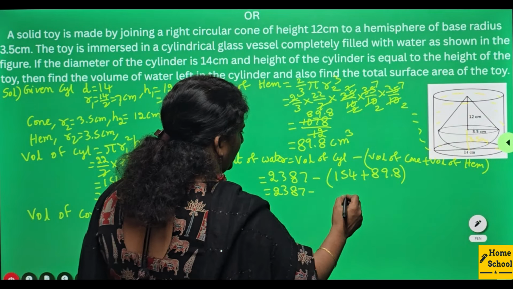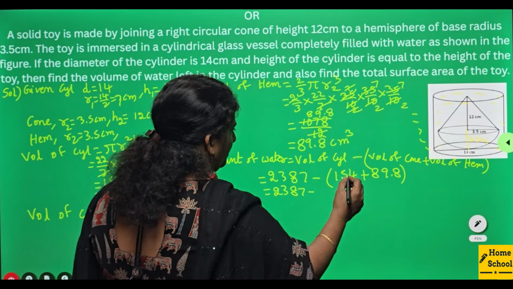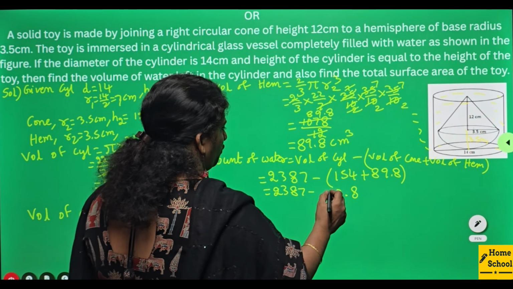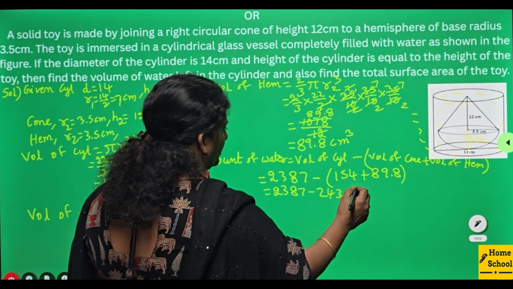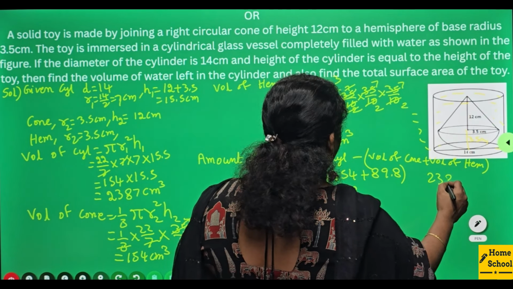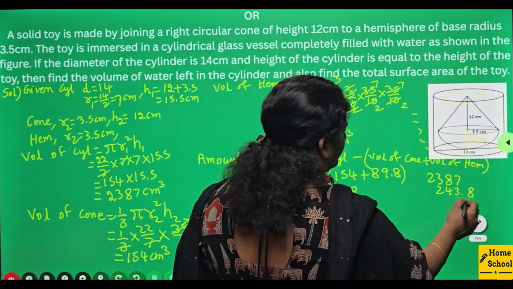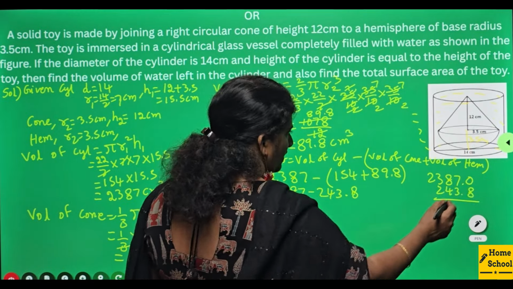154, that will be 0.8, 9, 11, 12, 13, 14, 243.8. Subtract 243.8 in 2387. So put here 0.